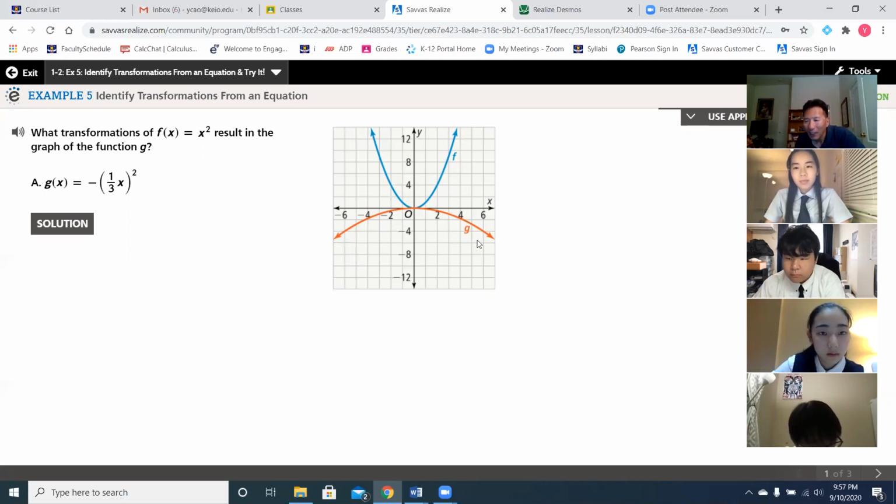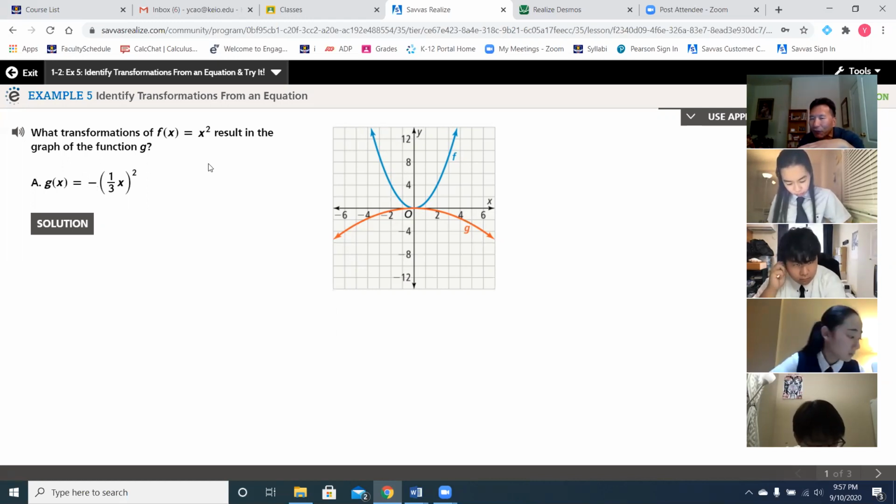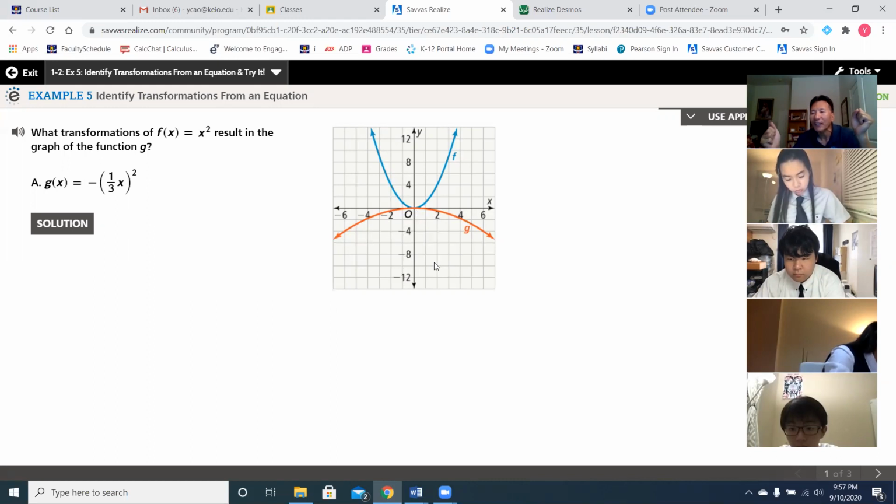I like that. What Mayuka said is, first, because there's a negative sign here, you flip over across the x-axis. After you flip over, you got a graph like that, but not wide enough. So you stretch it by a factor of 3, and you will get this graph.